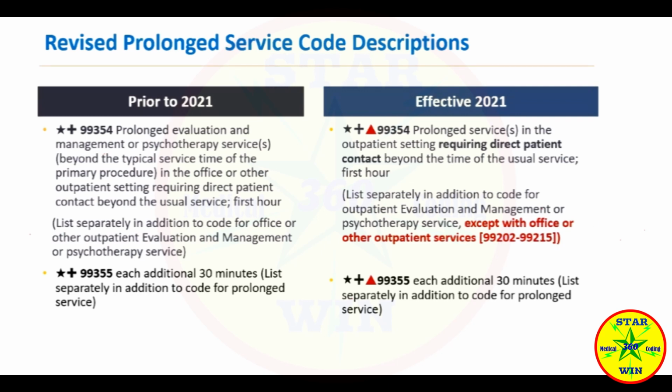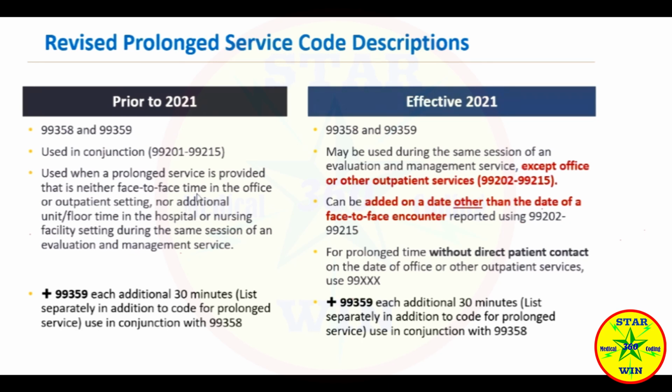Coming to the next set of codes, the revised prolonged service code description for 99358 and 99359. These codes are used for other outpatient services but not for office visits, except office or other outpatient services. So we are not going to use 99358 and 99359 with these. They can be reported on a date other than the date of a face-to-face encounter, so we cannot add them together with office codes 99202 to 99215, but we can report them after the encounter date.